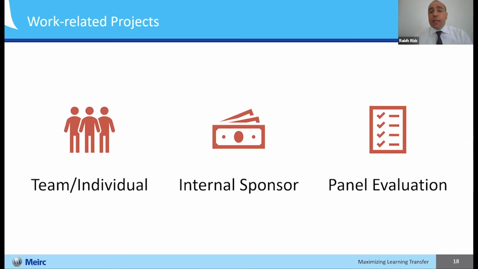Thirdly, work-related projects are best done when they are presented for a panel for evaluation by the end of the development journey. I had one of those programs.